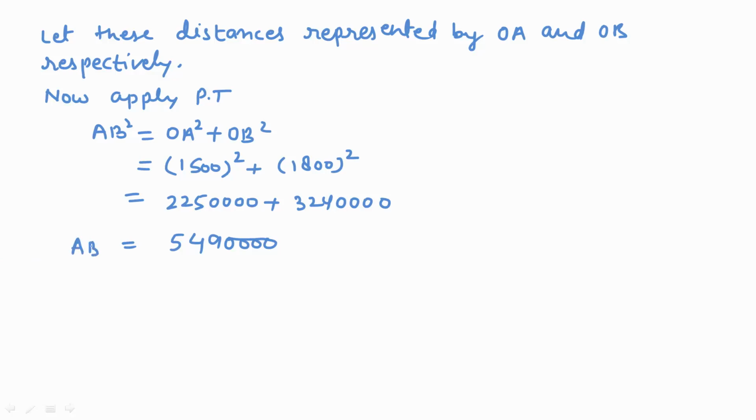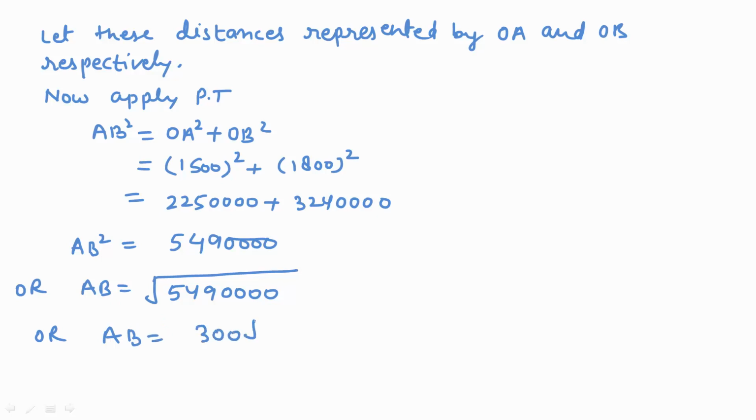AB square is equal to 549 with 4 zeros, or AB is equal to the square root of 549 with 4 zeros, which will be 300 under root 61 kilometer.